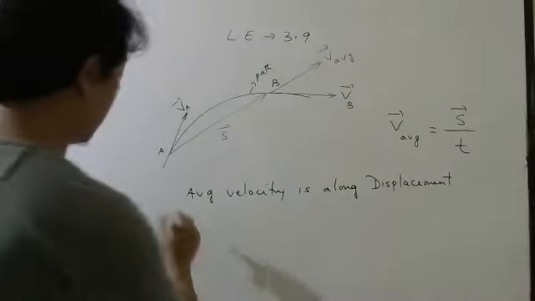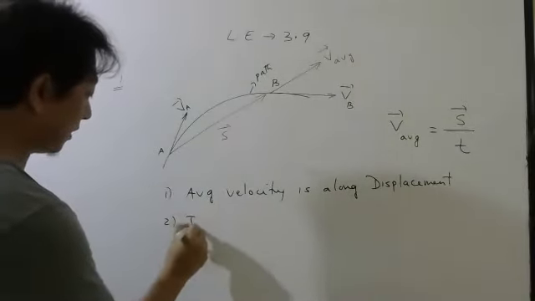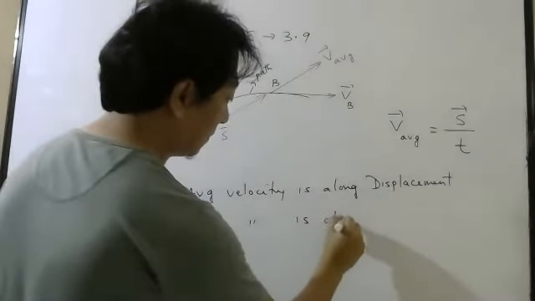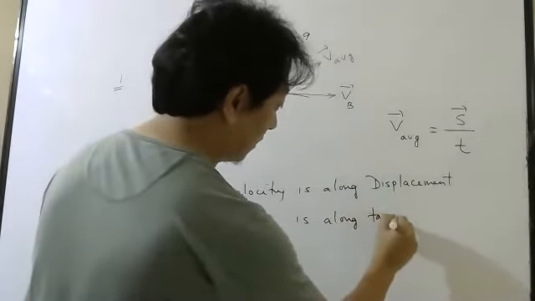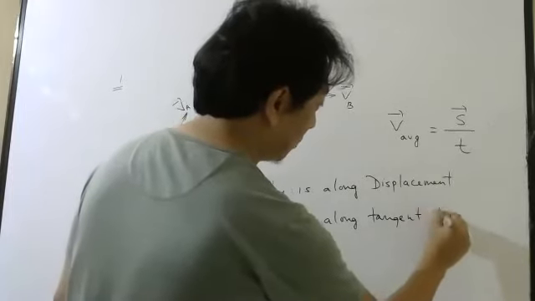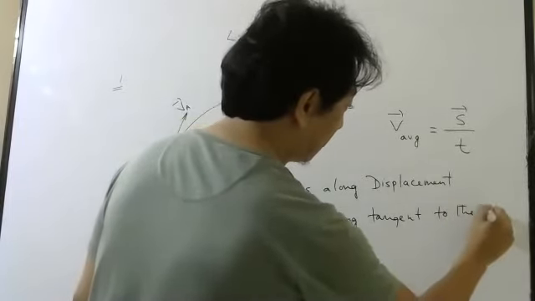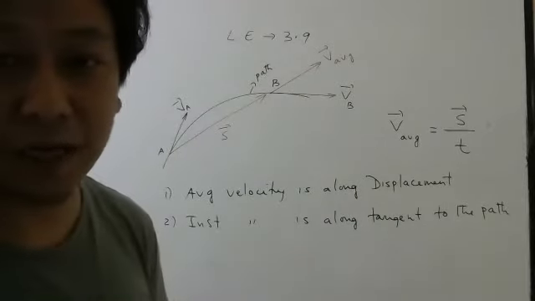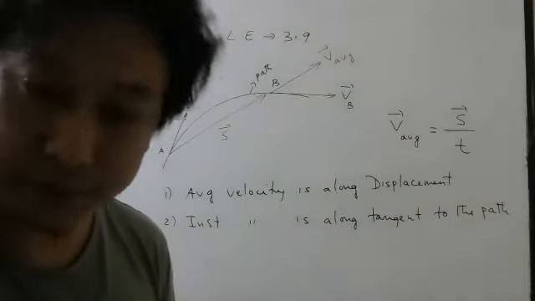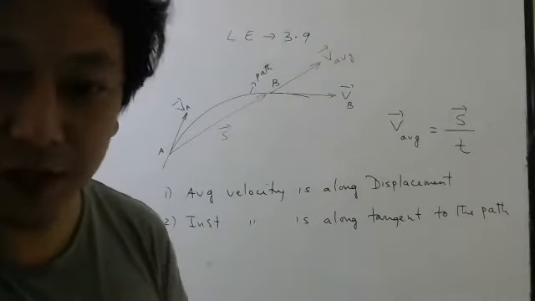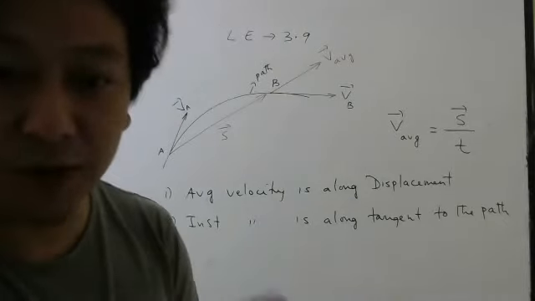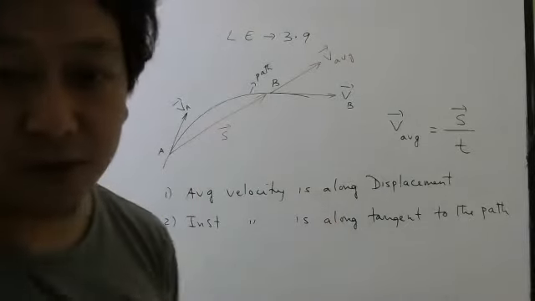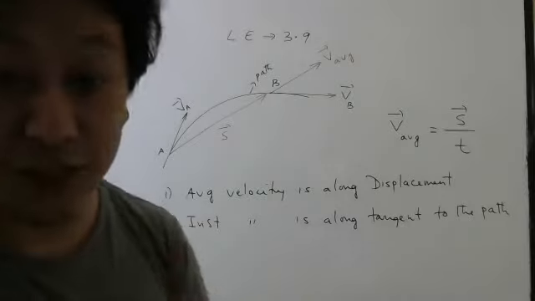And instantaneous velocity is along tangent to the path. Students, tangent is always drawn at how many points? 1 point, and that point is the point where you want to know instantaneous velocity. So wherever you want to know the instantaneous velocity, you have to draw tangent.